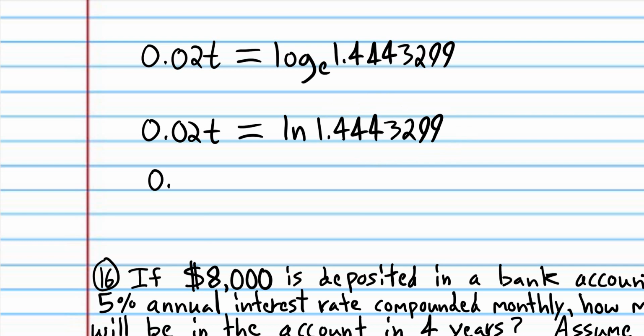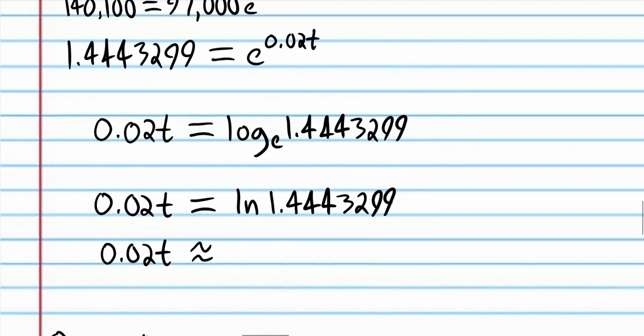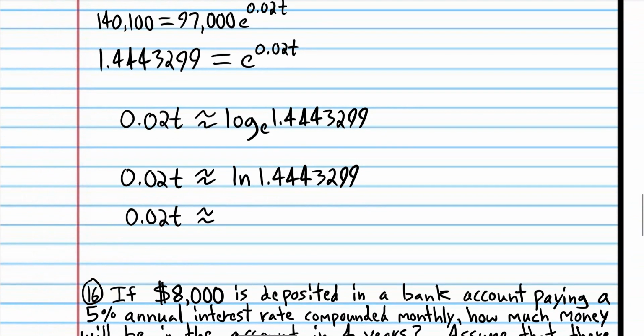And we get 0.02t is approximately equal to, and by the way, this should be approximately equal to also, if you want to be exact, those two steps. So now we get 0.367645, and we're going to divide both sides by 0.02.